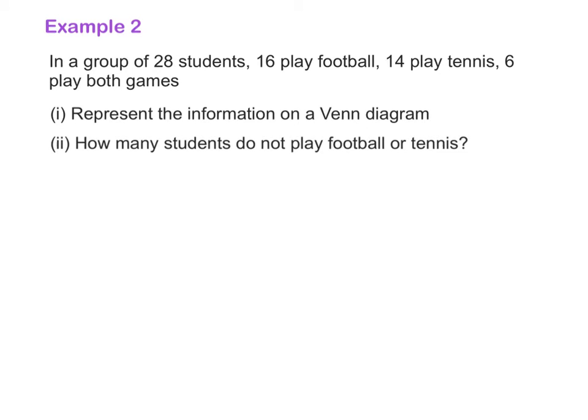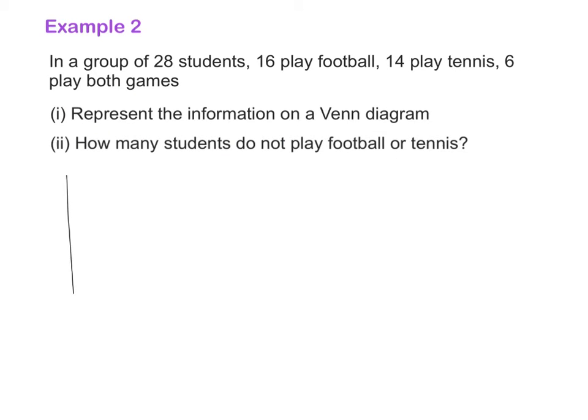Okay, so let's do example number 2. In a group of 28 students, 16 play football, 14 play tennis, 6 play both games. And our job in here is to represent the information on a Venn diagram. So let's start with this first.